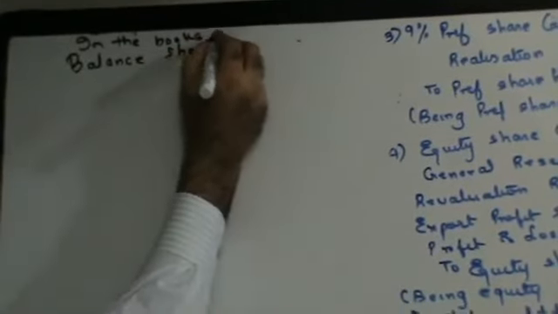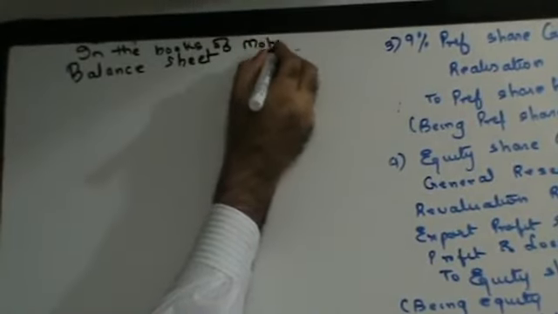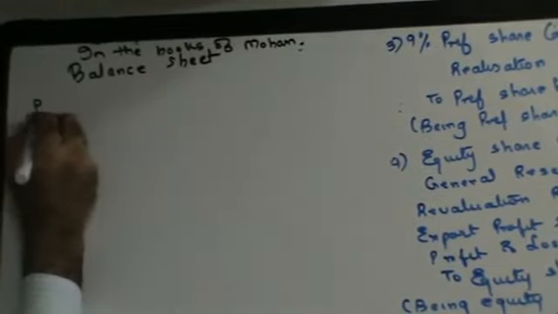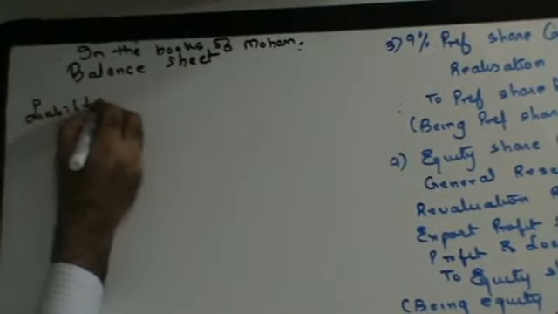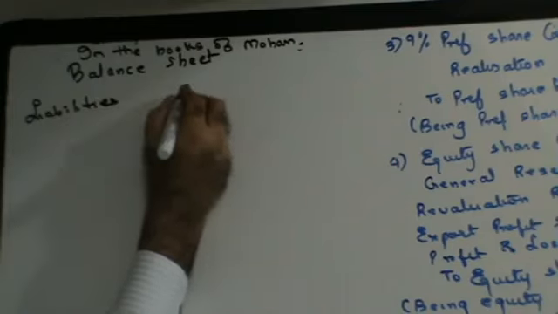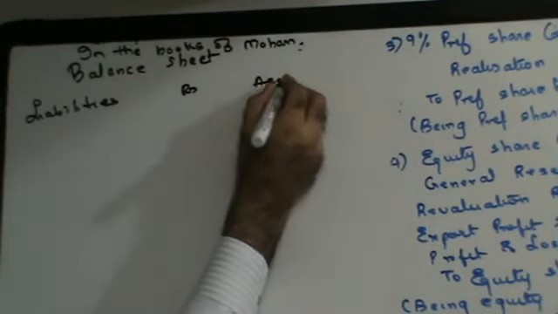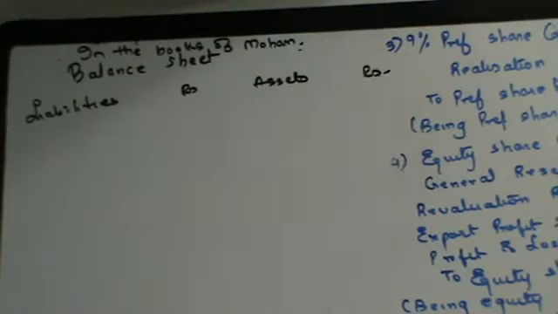Liabilities, rupees. Assets, rupees. Right? Let's see the sum.